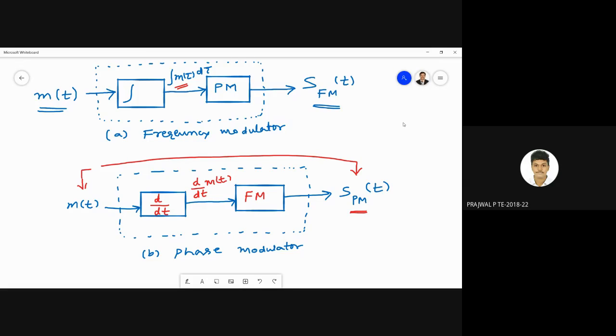And in the second case, the message signal is differentiated, and that is given as the message signal to the FM modulator to get the phase modulated signal. Okay. So with respect to the dotted block I said, the FM signal with respect to m(t) is also a phase modulated signal with respect to what input?